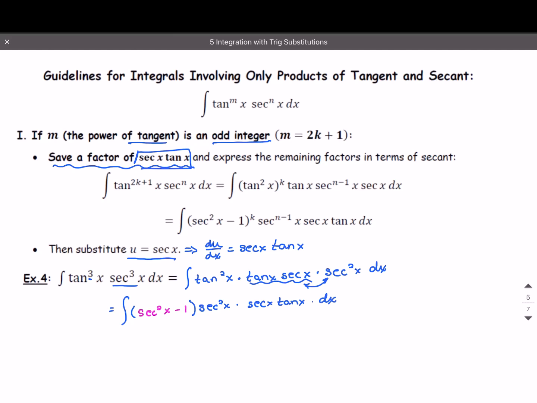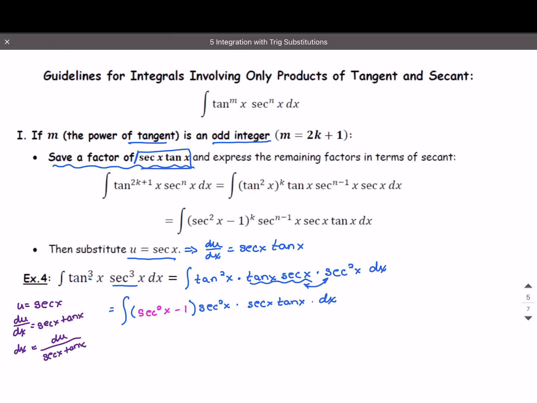Okay, hopefully that's okay with you. Now we're going to let our u be secant x, which means du dx is secant x tan x. So dx is du over secant x tan x.